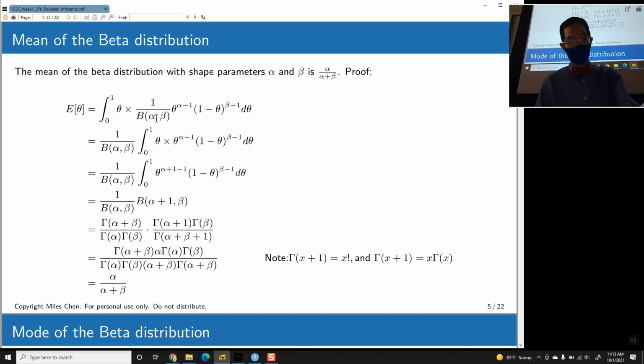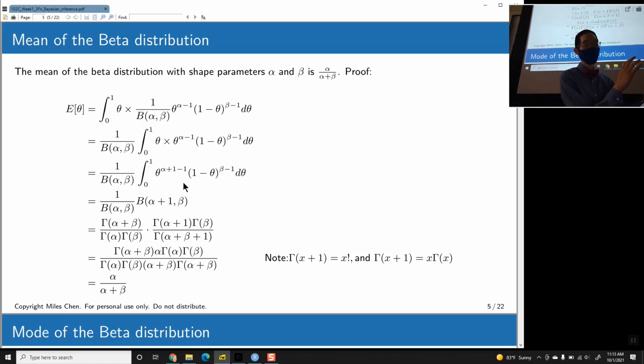Well, this part, 1 over the beta function of alpha beta, is a constant, so we can extract that. And now I have the integral of this. Okay? So here I've got theta times theta to the alpha minus 1. Right? And so this will combine to be theta to the alpha plus 1 minus 1. Is that okay?